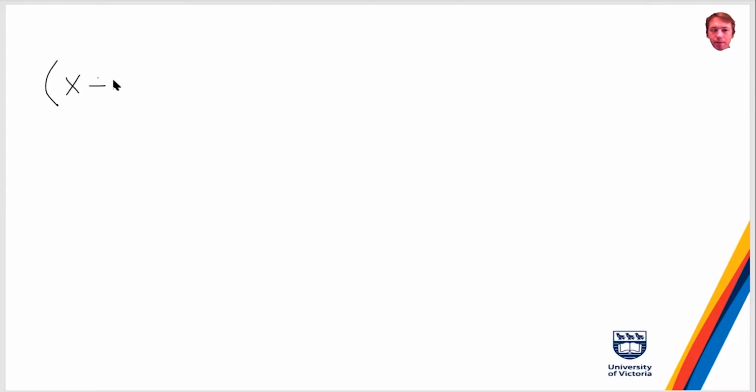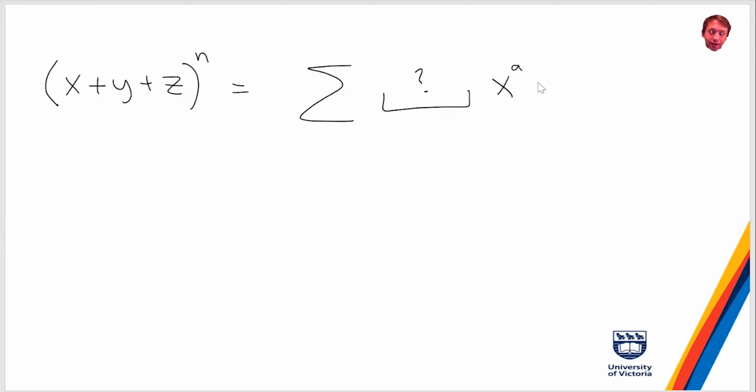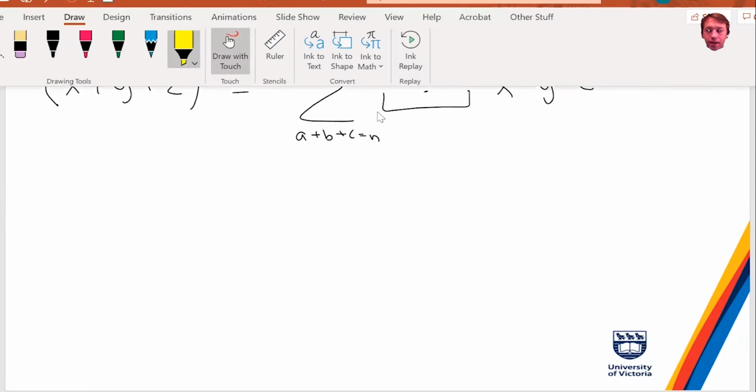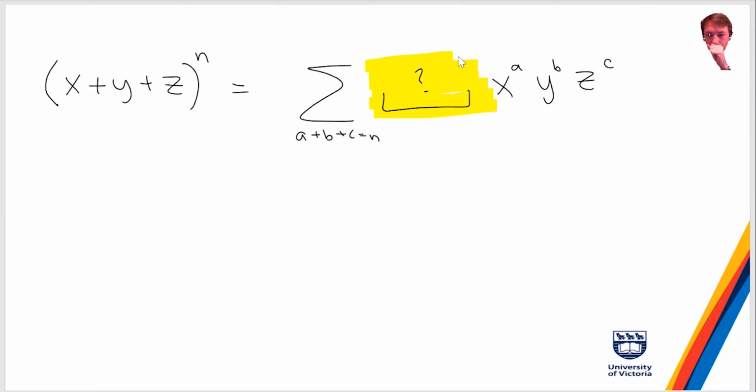And maybe I'll do another kind of foreshadowing here. Another way you could extend what we've done today is to look at not just binomials, but trinomials. If I take (x plus y plus z) to the n, it's natural to think, what's the expansion of that? It's going to be a sum where you've got something here times x to the a, y to the b, z to the c, where a plus b plus c is equal to n.